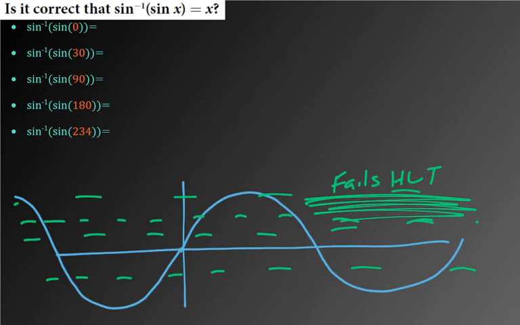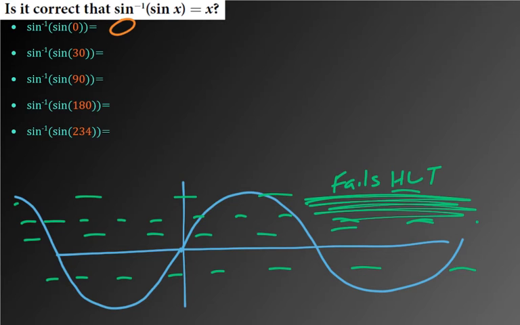But just to show you that this is not going to be true, you could always just plug in numbers. Make sure your calculator's in degrees, okay? If you do sine inverse of sine of 0, you're going to get 0. Perfectly good. It's what you would expect.